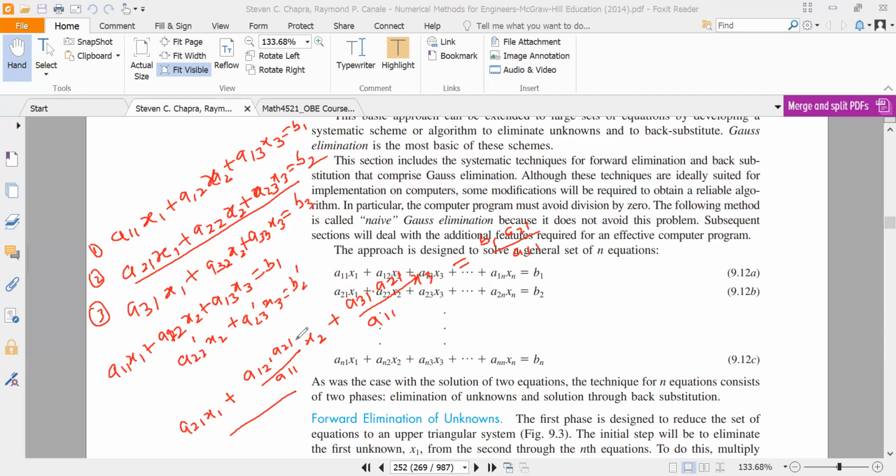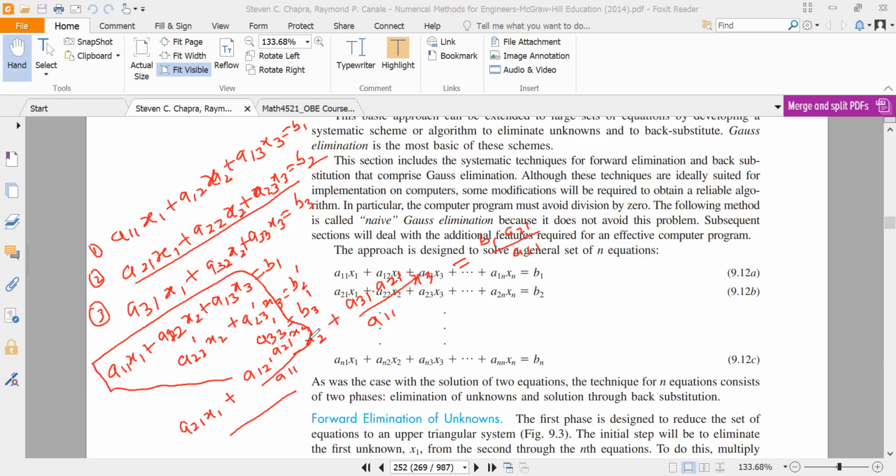And after that, eliminating the second variable from the third equation, you will obtain a33 prime x3 is equal to, say, b3 prime. But you see that you are forming a matrix similar to an upper triangular one.